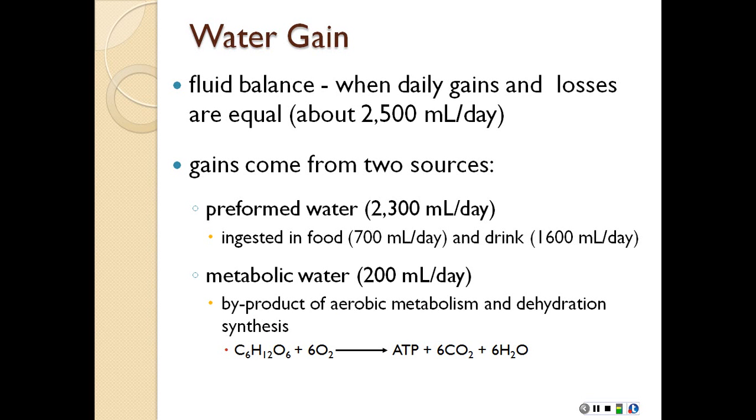And in the process it also produces CO2, which we've talked about, but it produces water also. So that is called metabolic water. And we produce about 200 milliliters, and 200 milliliters is about 2/10 of a liter per day. Okay.